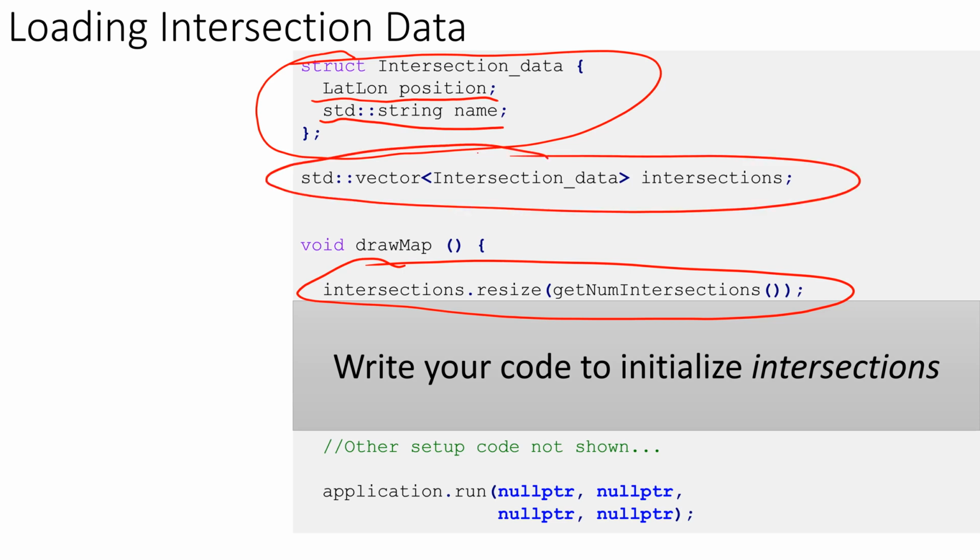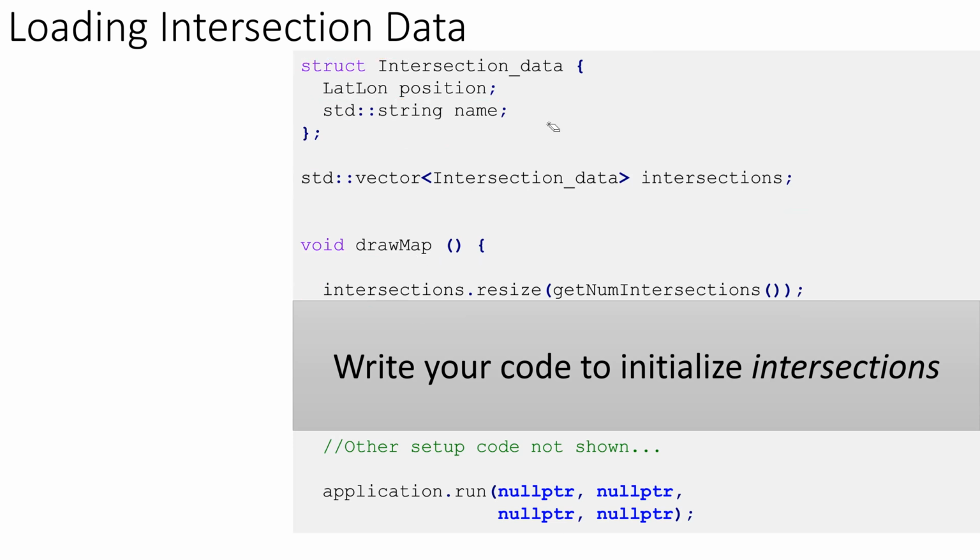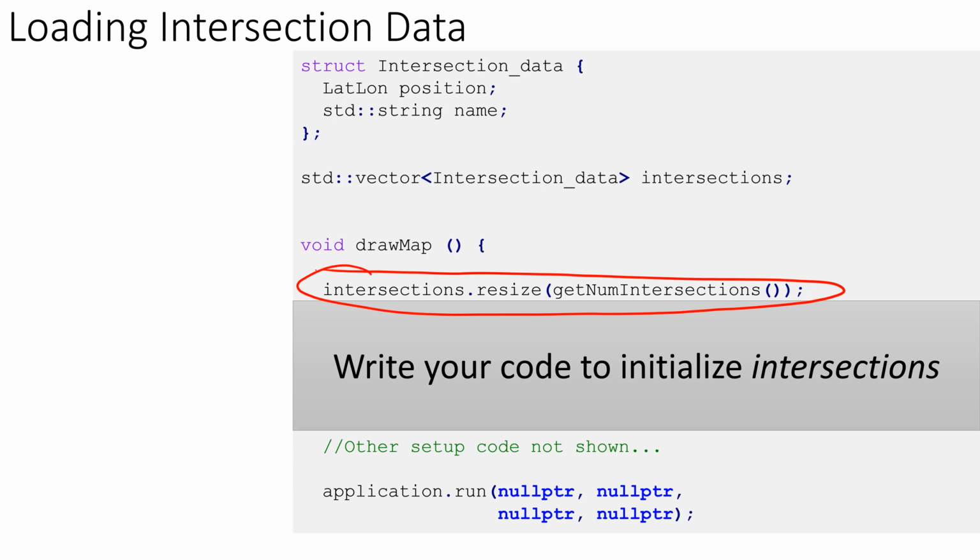Okay, so I make a global variable called intersections. So that's what I've chosen to do. And at the very start of this draw map function, I'm going to write some code to just load up this global variable intersections. It has this data that I want to get at in order to draw it.